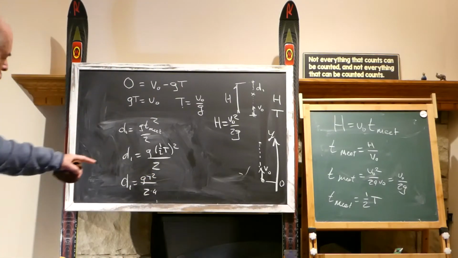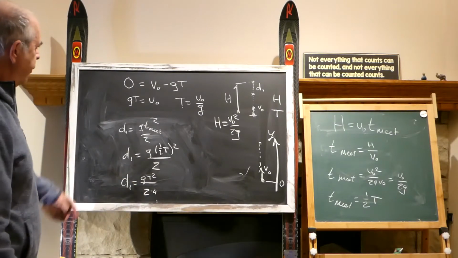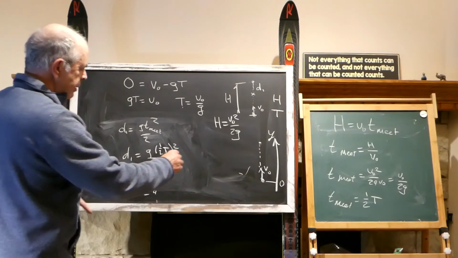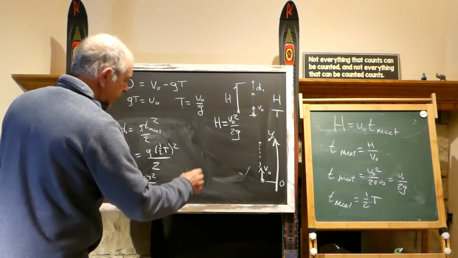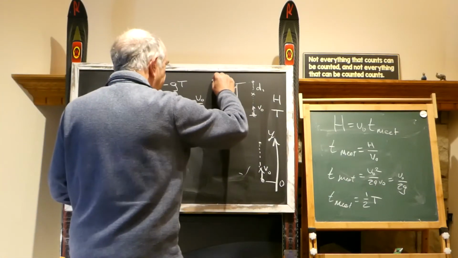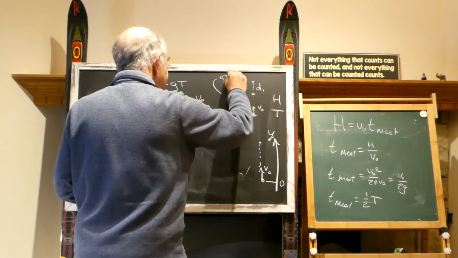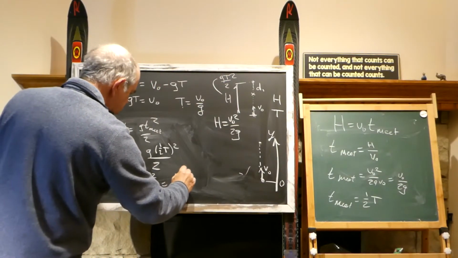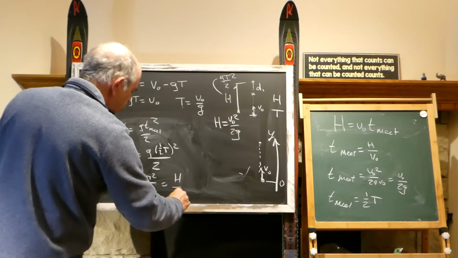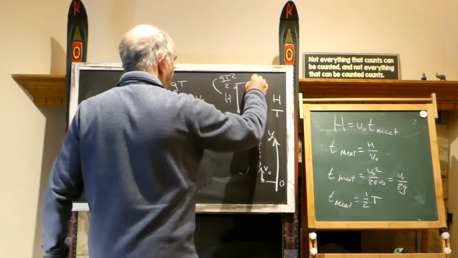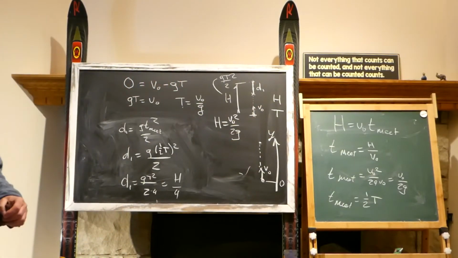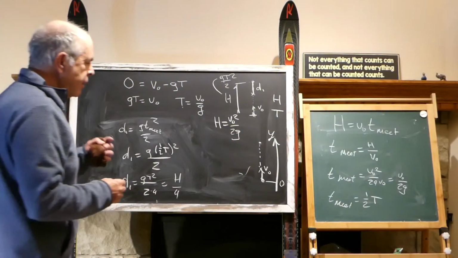So g t squared over 2 over 4, but we already know that g t squared over 2 is the whole height. So I can say that it is h divided by 4. So it is 1/4 of the height where they meet.